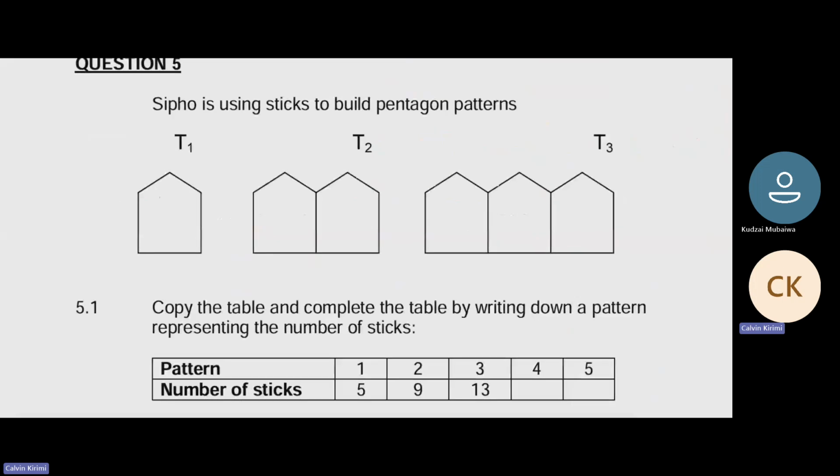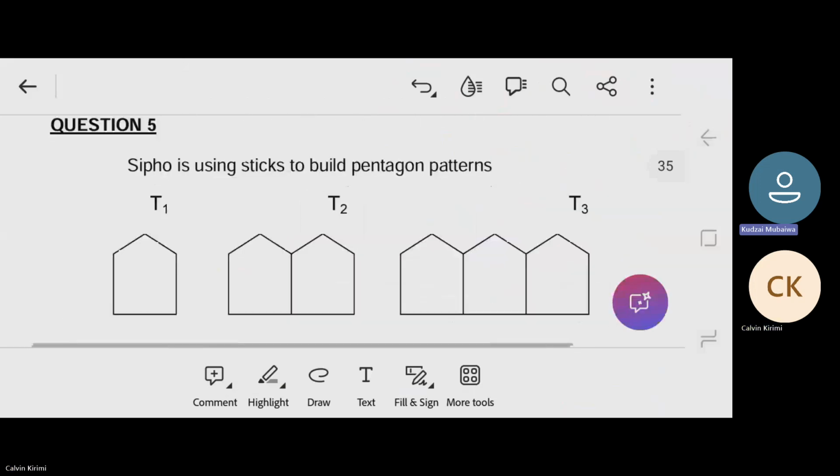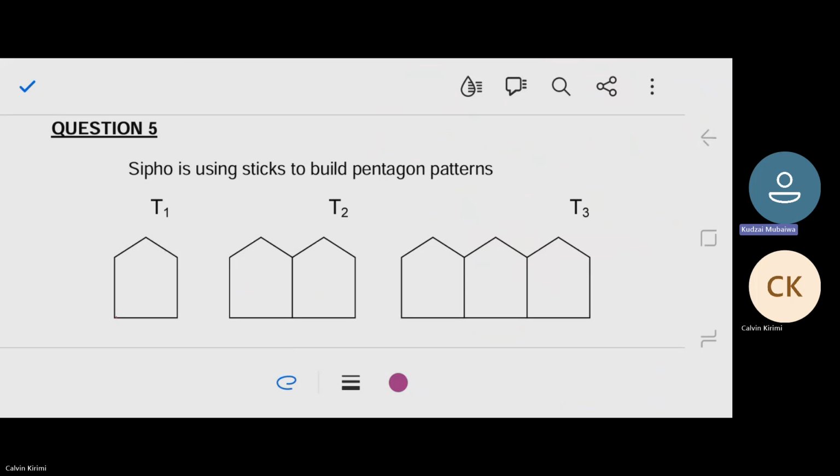Let's go to the number patterns. Number patterns. So we are given term 1. Sipo is using sticks to build the pentagon. So he's using sticks, which means you are counting this. 1, 2, 3, 4, 5. That's what you are counting there.